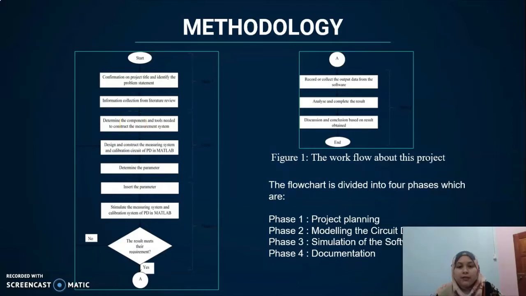But if the result meets the requirement, the process proceeds to phase 4, which is documentation. The documentation consists of recording or collecting the output data from the software, analyzing and completing the results, and doing the discussion and conclusion based on the results obtained.